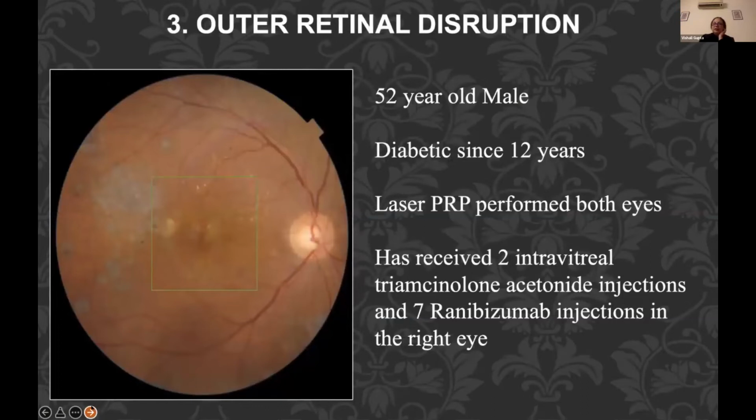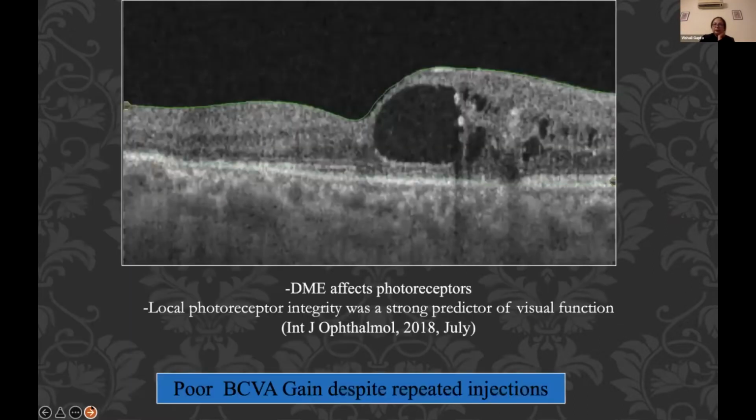The third parameter which we should all look at is outer retinal disruption. This is the fundus photograph of a 50-year-old male who has received laser, PRPs and multiple intravitreal injections, and his vision is not improving.